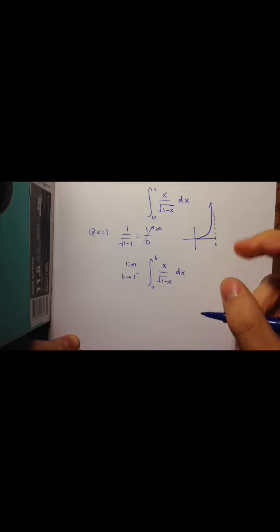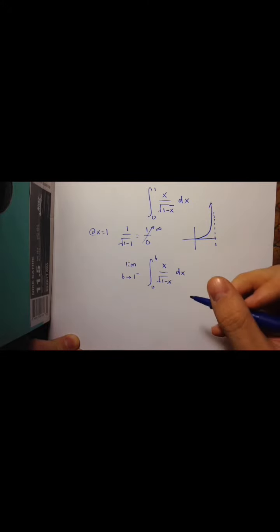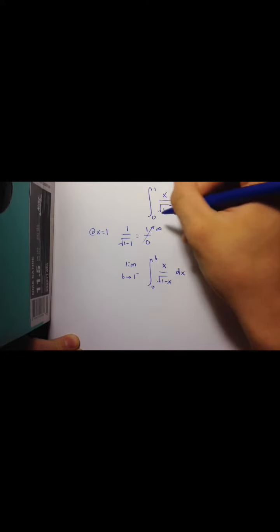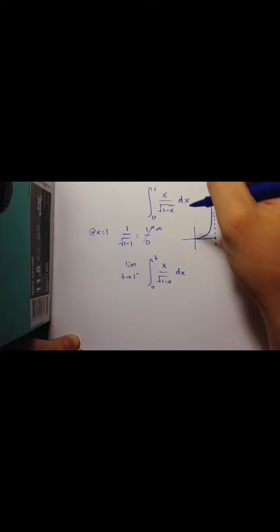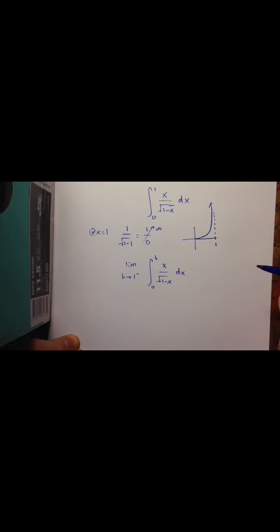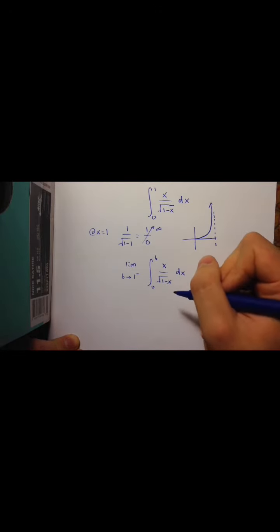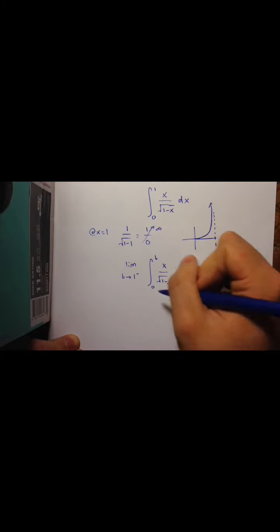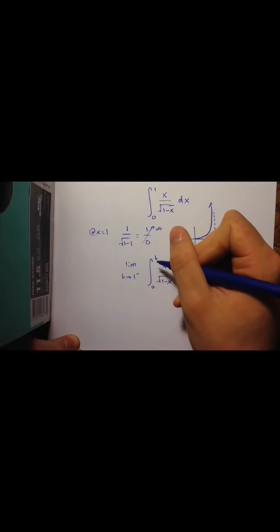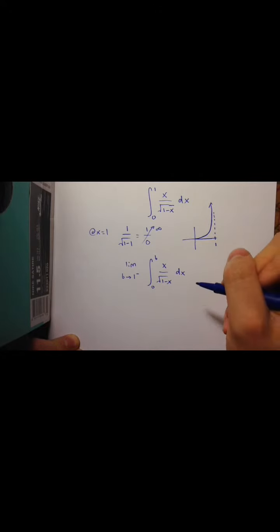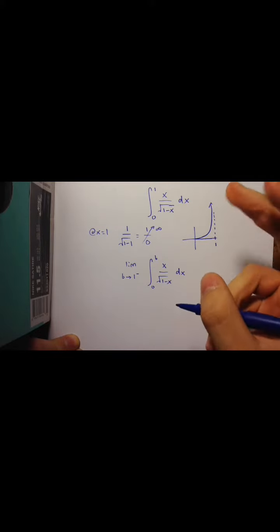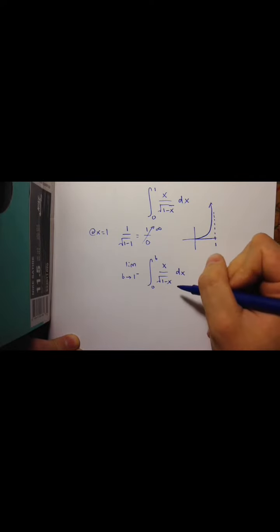This is essentially the correct way to evaluate an integral with undefined bounds like this one, because the original way is technically incorrect because of this undefined bound right here. It's more of a notation thing than anything, because it doesn't really change the way we take the antiderivative of the function. The only thing that changes is that we have to evaluate the integral from 0 to b and then take the limit as b approaches 1. So that's really all we're doing here. It's just a more correct way of integrating this function.